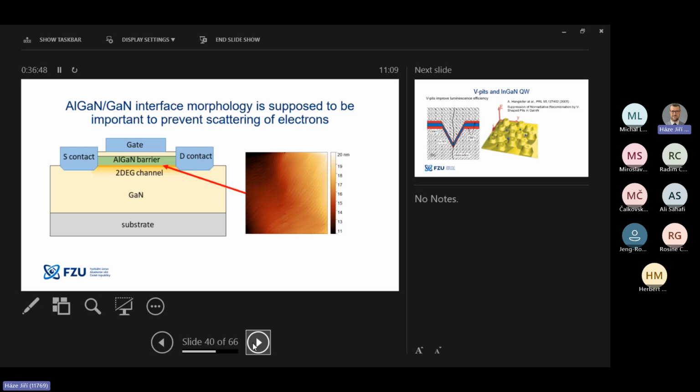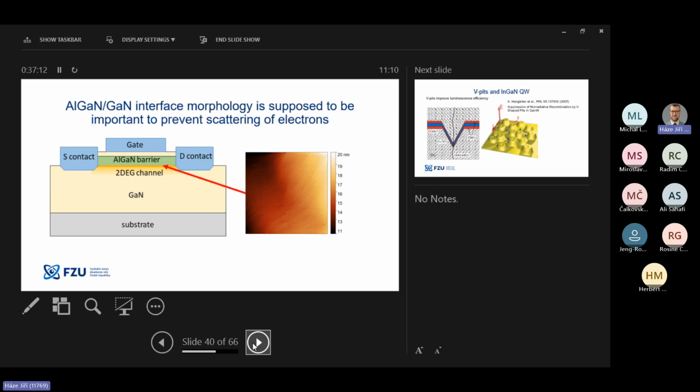And I skipped, when I talked about gallium nitride, that we also tried to improve the technology of the channel layer. And here we found a very strange and surprising effect. Normally, you would say that the channel layer and the interface between the gallium nitride and aluminium gallium nitride barrier should be perfectly flat.